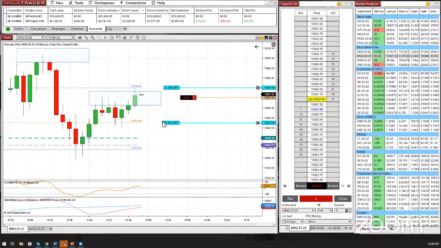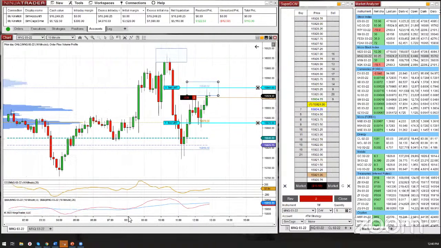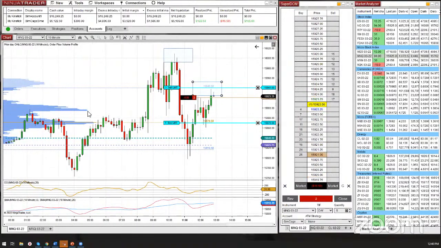Alternatively, let's move this back to 1 again. I could scale out of my position. Actually, my rectangle is no longer any good. I have to keep moving it up, which is fine. Let's say we pick a scientific level here and look at this second node in the volume profile. This volume distribution is pretty nice.